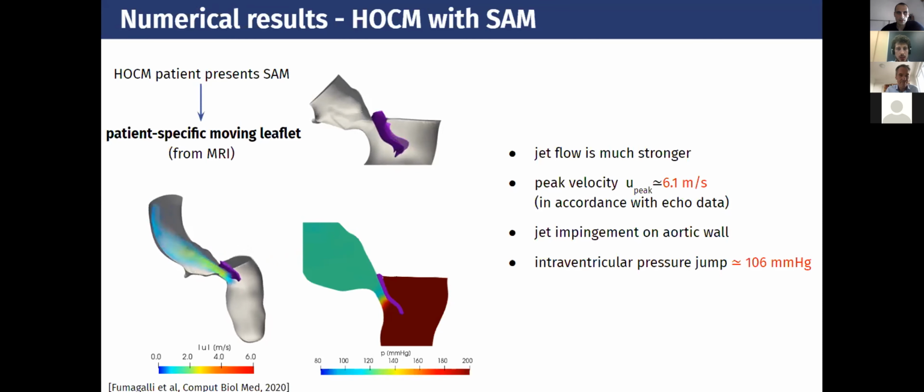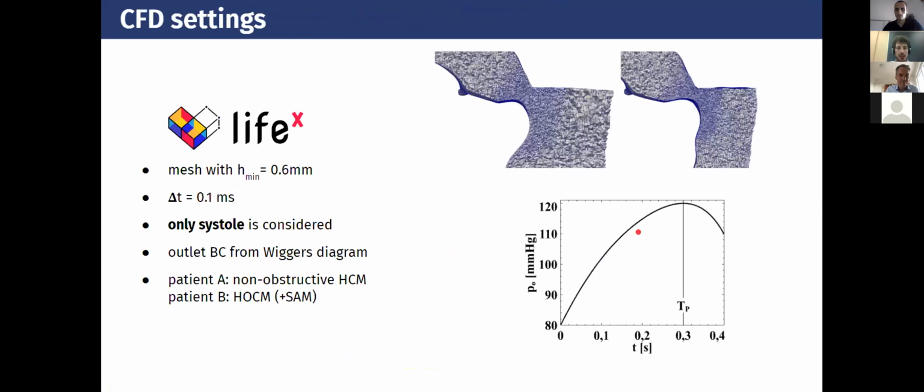Okay. There's another question. Which are the boundary conditions at the aortic outlet? Are they similar in healthy and pathological conditions? So the boundary conditions are represented here.